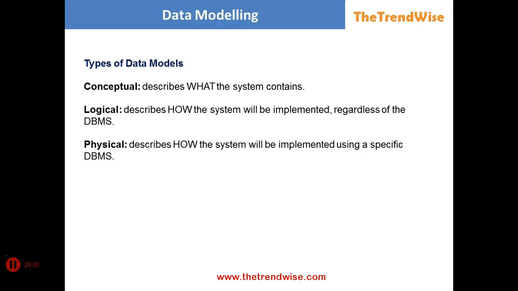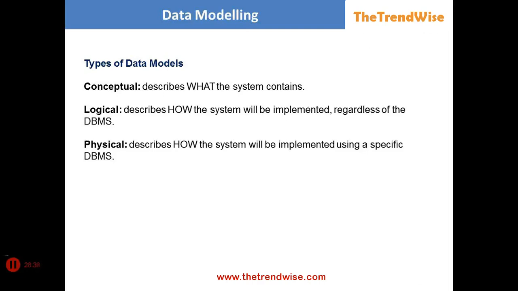Then once he understands all the requirements in detail, he makes the logical model. He converts the conceptual model into a logical model where he tries to put as much detail as possible. He puts all kinds of attributes in it. He puts what are the different data types for each of those attributes. He puts all the relationships between the entities. Everything is done in the logical model.